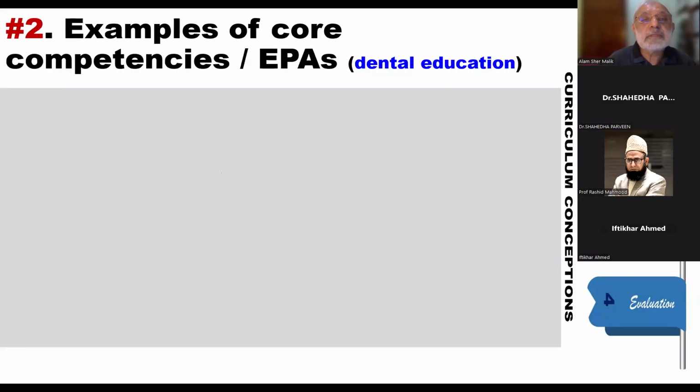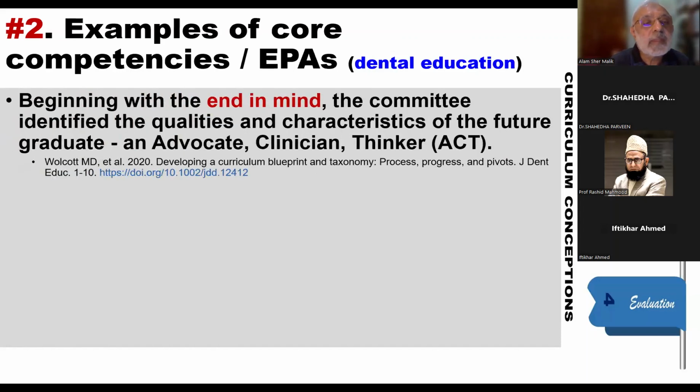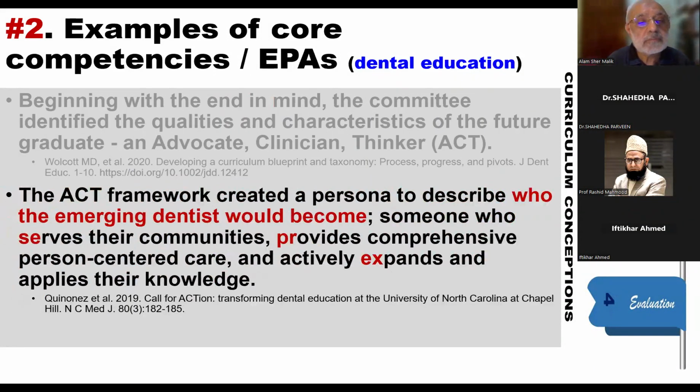Some examples of core competencies and EPAs are from dental education. Beginning with the end in mind, that is the top-down approach, the committee identified the qualities and characteristics of the future graduate: an advocate, a clinician, and a thinker, which they call the ACT framework.